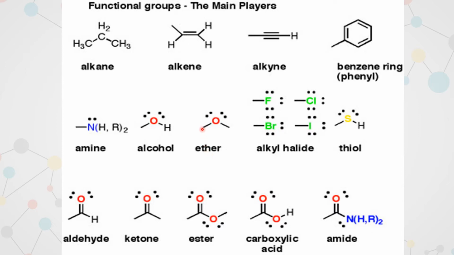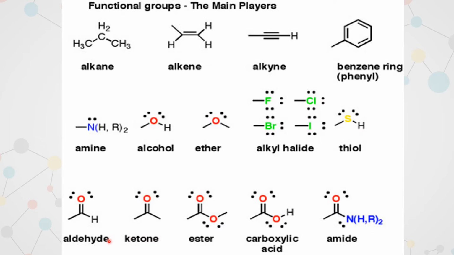Aside from carbon, it has oxygen in the middle. We also have alkyl halide. So aside from carbon, a carbon can attract fluorine, bromine, chlorine, and iodine to make up a certain compound, which is alkyl halide. We have thiol. So aside from carbon, it has sulfur and hydrogen.